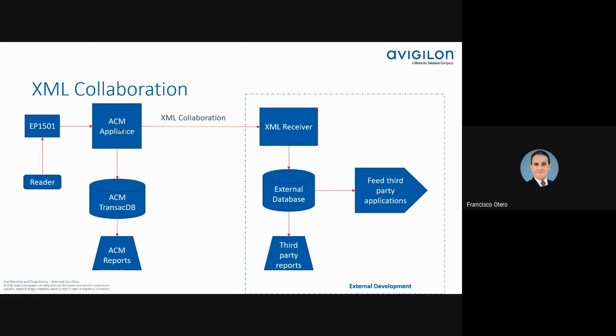So at the same time that ACM is writing this record into the transaction, it is also sending it out using an XML pipe into an XML receiver. XML is a standard format on the internet that allows other applications to receive that data in a common format, pick the information they want from that record, and utilize it in a third-party application.